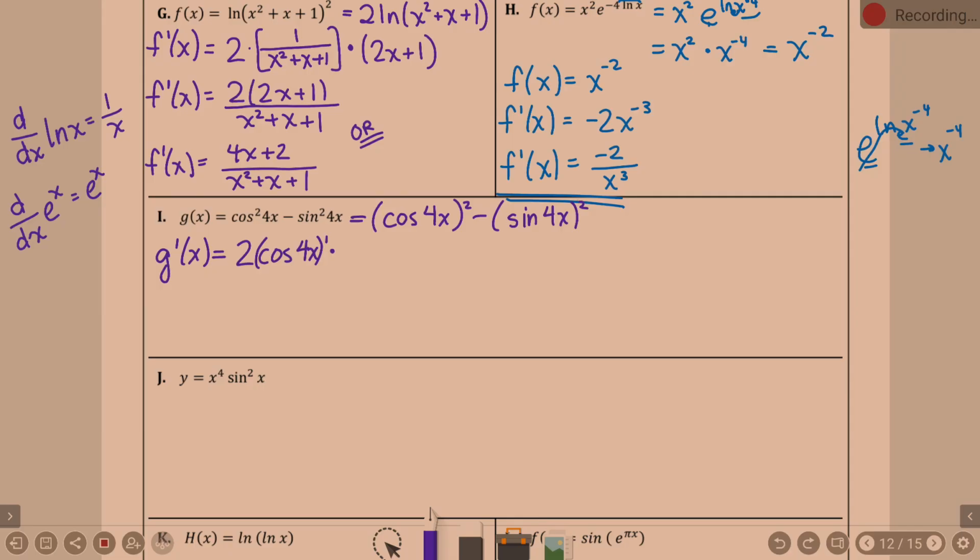Okay, so I'm going to do it in pieces, but yes. What's the derivative of cosine of 4x? Derivative of cosine of something is negative sine of something times what's the derivative, and we still have a something here, don't we? So what's the derivative of 4x? That's a 4.